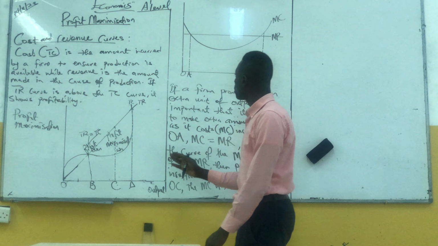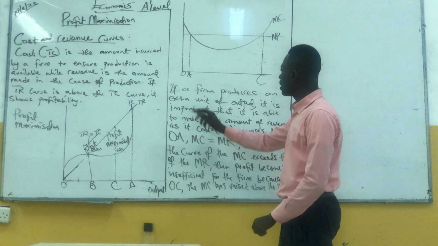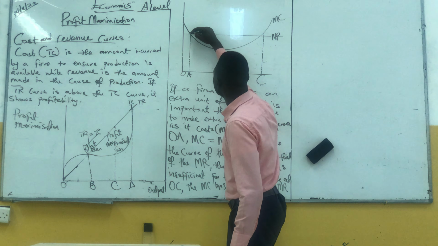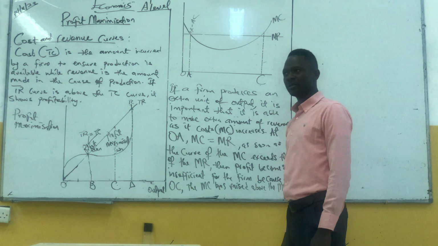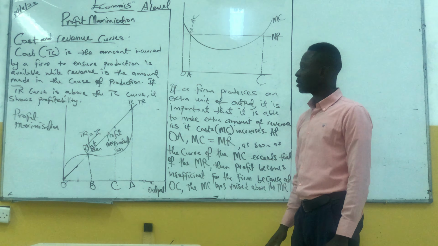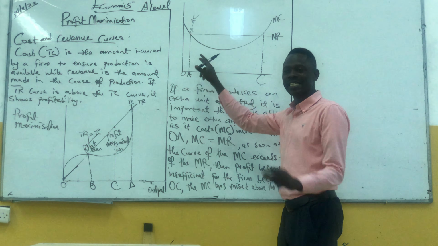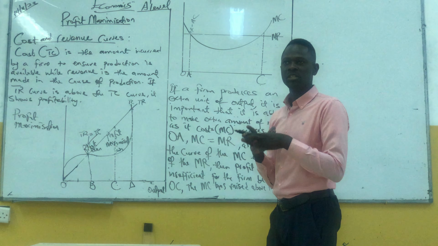Now this takes us to the marginal cost and the marginal revenue curves. At OA, the marginal cost and the marginal revenue meet at this point. MR equals MC at OA. The firm is fine within this range because it has incurred costs and at the same time extra revenue.